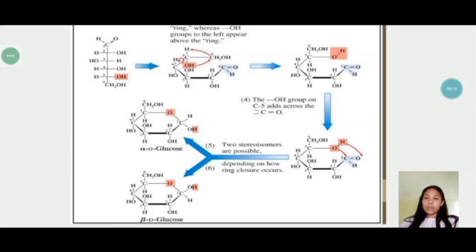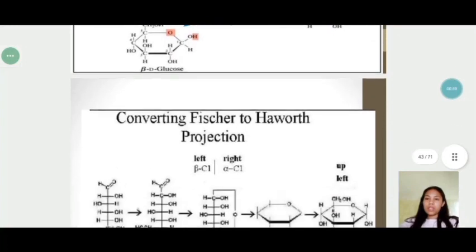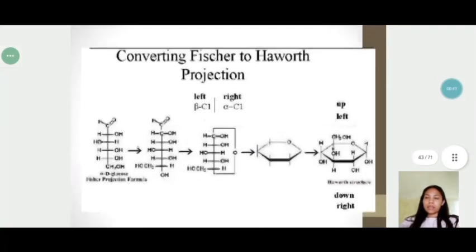So that's what we have seen here in the illustration. And the beta, the OH groups are on the same side. So that's what we have seen here in the structure. So depending on how the ring closure occurs. So now let's move on to the next slide.